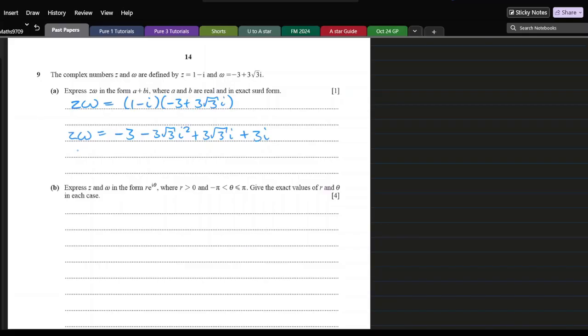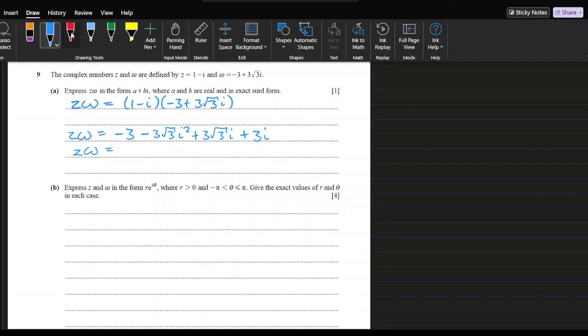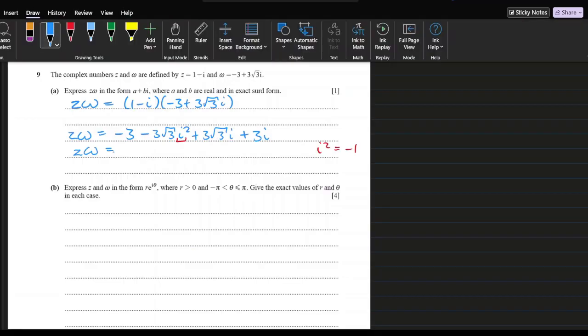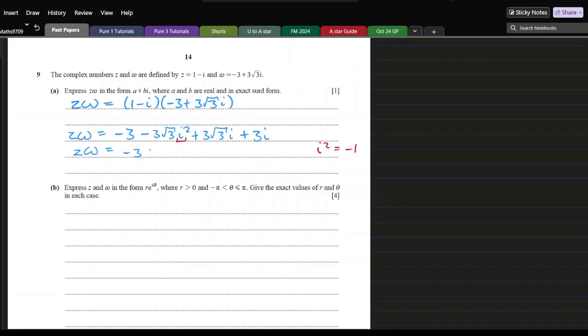Okay, so z omega is equal to, and here we're going to use the idea that i squared is equal to negative 1. So this i squared here will be replaced with a negative 1. So we've got negative 3 plus 3 root 3.